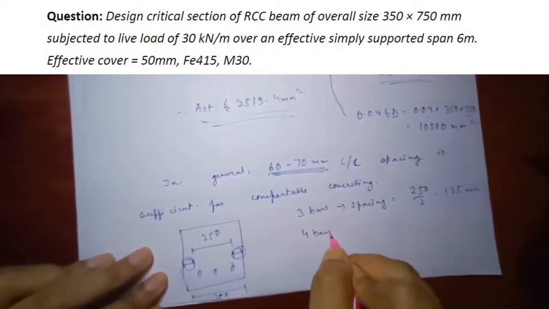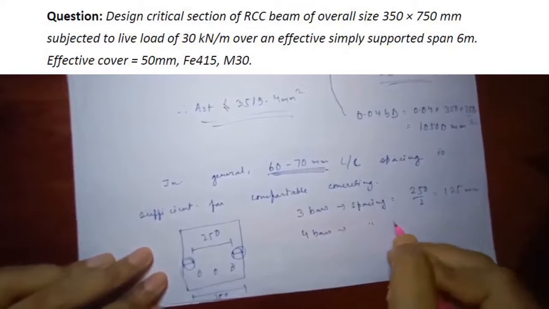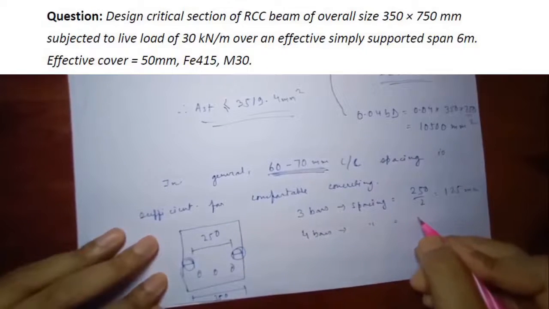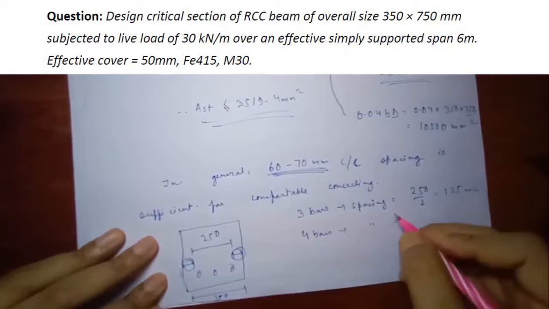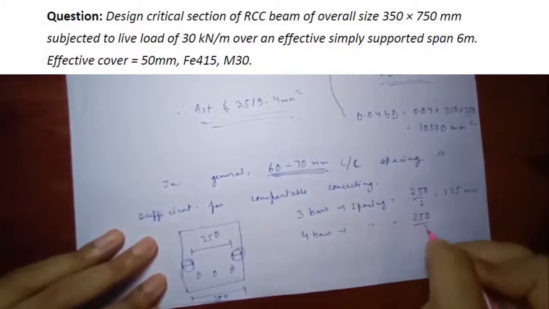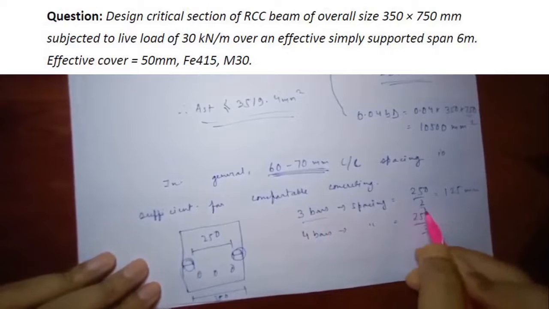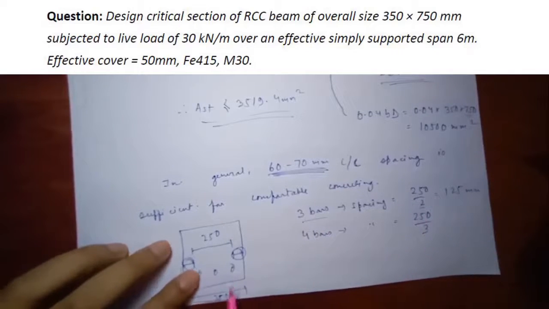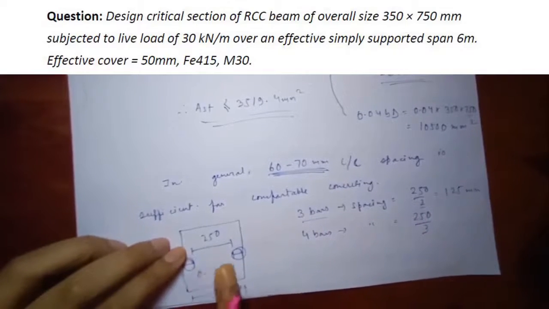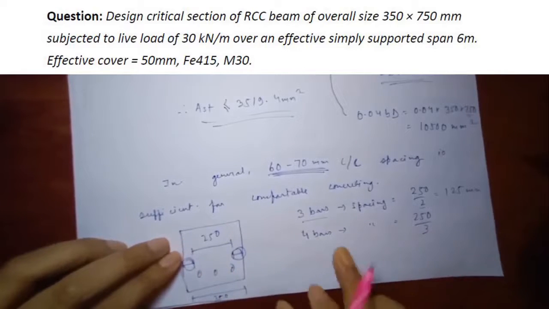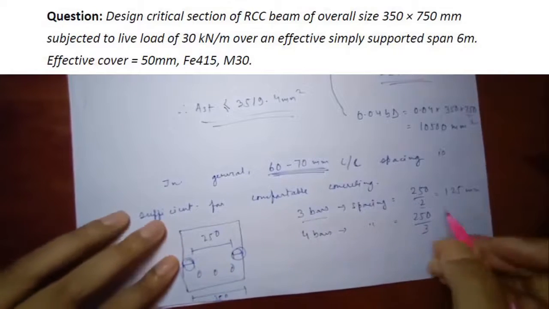Even if I increase the bars, 4 bars, spacing will be equal to 250 by 3. One more thing, I am using 3 bars and dividing by 2 because for 3 bars, 2 vacant spaces are in between. For 4 bars, similarly 3 vacant spaces will be there in between.